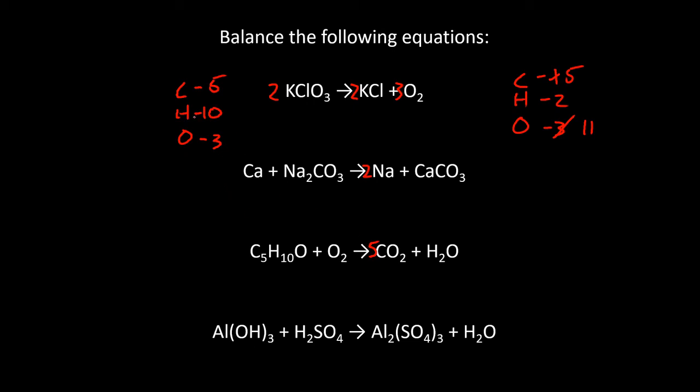So we have 10 and 2, so we need 10 on the right. The only way to get that is with a 5 in front of the water. So that gets us 10 hydrogens, but that also is going to increase the number of oxygens we have. So we have 10 from here, and then 5 from here, which gives us 15.